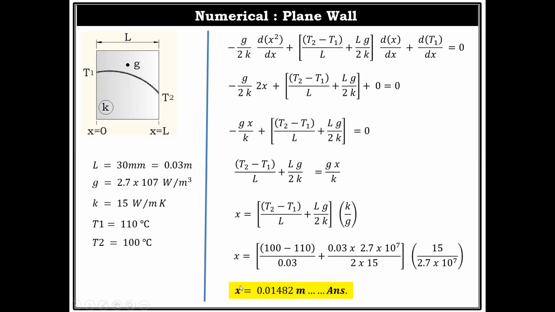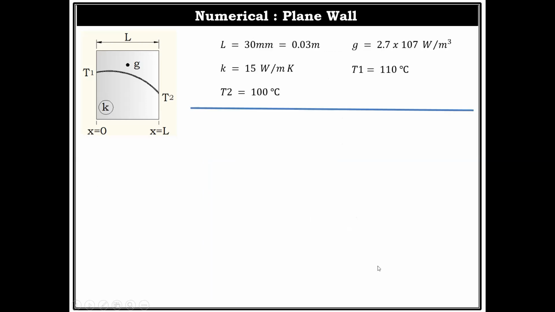So if we calculate, we get the value x equals 0.01482 meter. So what is this x? When we obtain this x by applying the maximum temperature condition, dT by dx equal to 0, that means at this particular x there is a temperature which is maximum within that particular wall. So we get the location where we obtain T max.